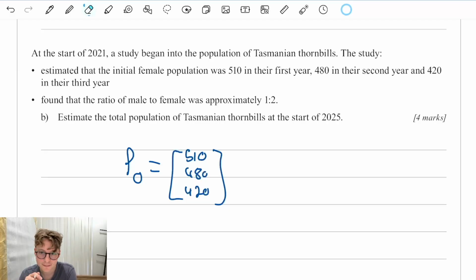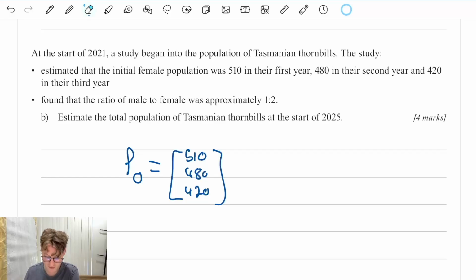So once we've got our population matrix, I want to estimate the total population of thornbills at the start of 2025. Well, each time I multiply by my Leslie matrix, 1 year's worth of time has passed. So if I'm starting at 2021 and I multiply by my Leslie matrix, I'm getting the population at the end of 2021, or another way of wording it, the start of 2022.